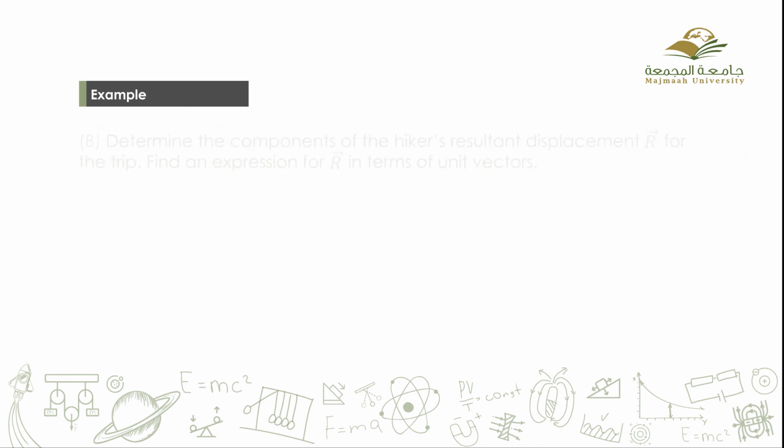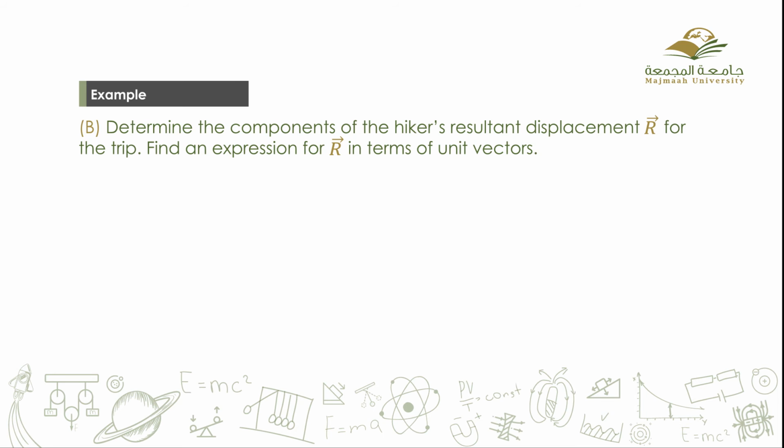Let's see the second requirement. The second requirement asks for the resultant displacement of the total trip, the trip of the first day and the trip of the second day, which is obviously the summation of the two trips, vector A plus vector B. But take care, we should add the component in the x direction with the component in the x direction, the component Ax with the component Bx, and the component Ay plus the component By, and take care about the sign, the negative sign in Ay, as it results in the negative y-axis.